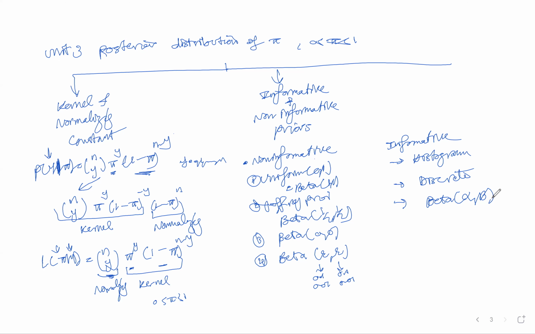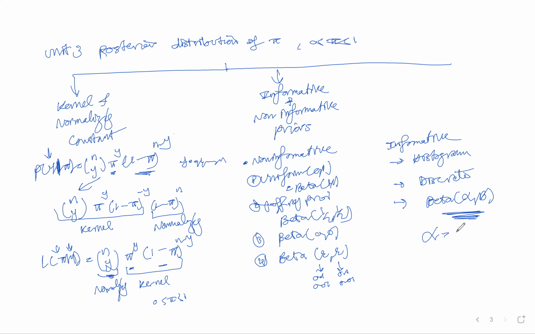Beta epsilon and the others are easy, since I don't need to select the parameters for the distribution I'm using. But if you use beta alpha, beta, you need to know how to select alpha and beta.